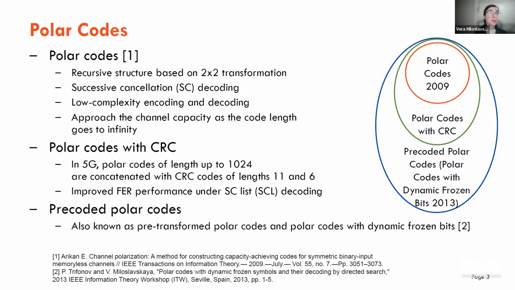So the frame error rate of polar codes was reduced by using a successive cancellation list decoder. Decoding error probability was further reduced by concatenating polar codes with cyclic redundancy check codes. Such polar codes with CRC were adopted in the 5G standard.